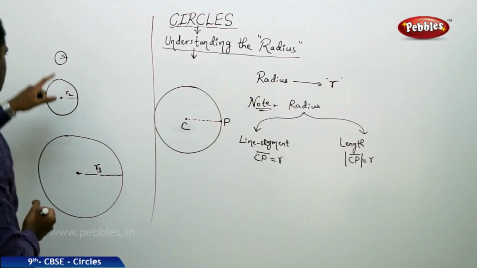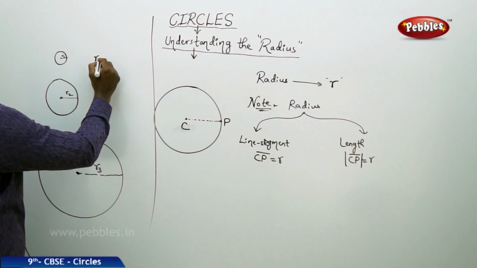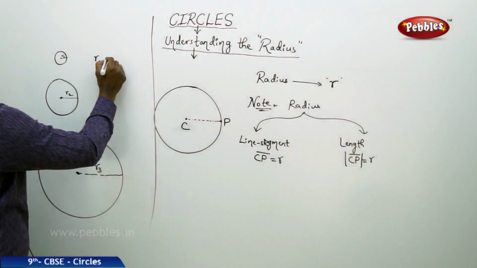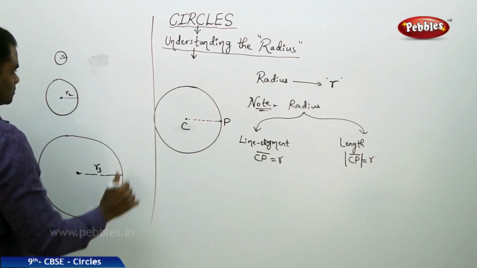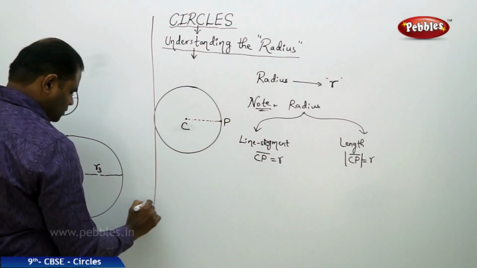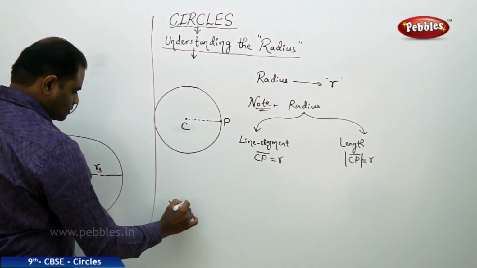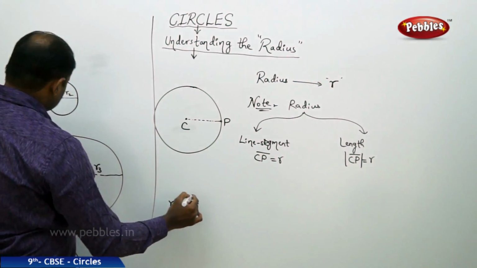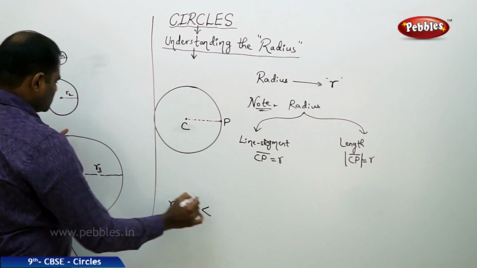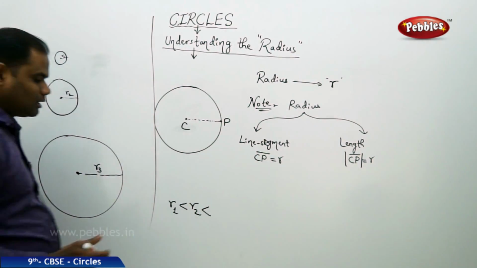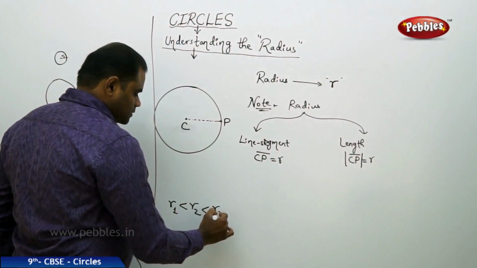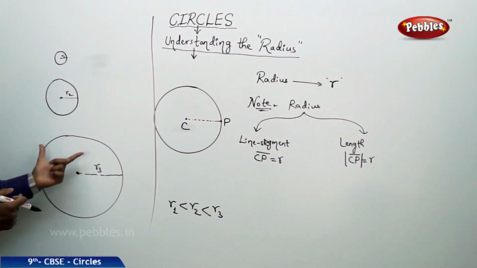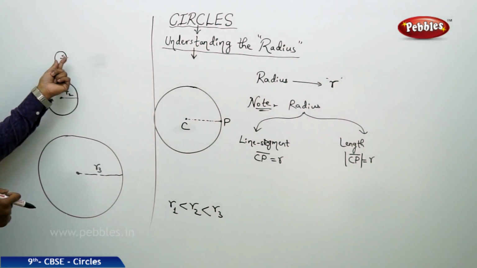Clearly I can see that this is r1, which is smaller than r2. So I see here r1, which is smaller than the next radius, which is r2, and this is more smaller than r3. That is, the highest radius is this and the smallest radius is this.